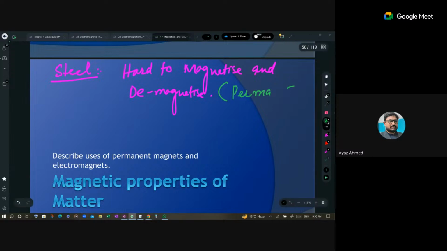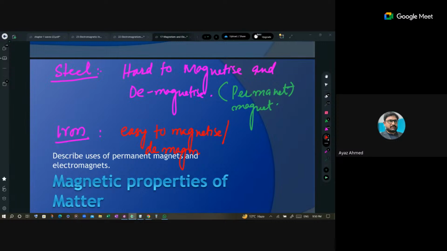But iron or soft iron is easy to magnetize and easy to demagnetize.